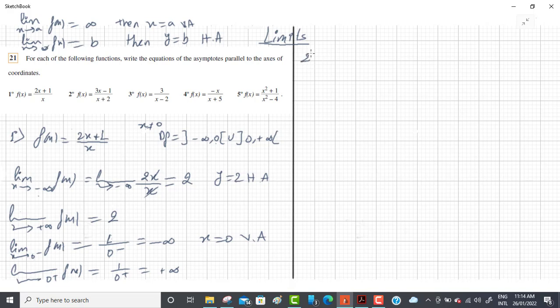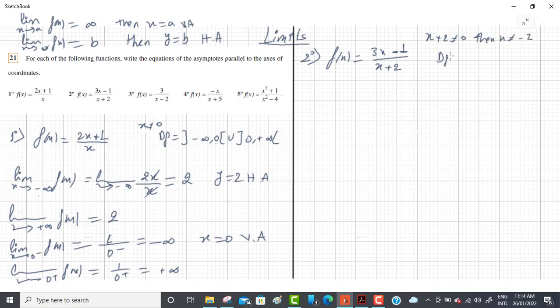Part 2. If you have the function f of x equals (3x minus 1) over (x plus 2), and we need to find the asymptotes, we need at first to calculate the domain. x plus 2 not equal to 0, then x not equal to minus 2.